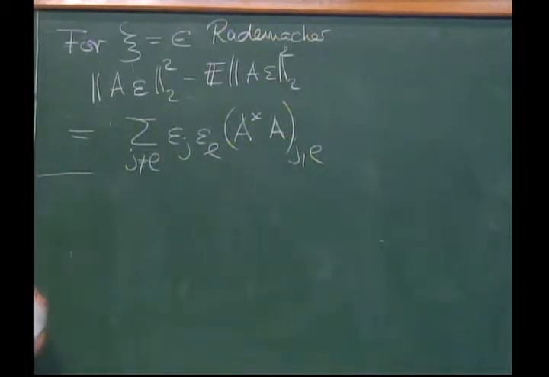Now, I would like to present the bounds that we derived. This is in terms of gamma functionals. Who hasn't seen gamma functionals or chaining arguments? Or who has seen that?